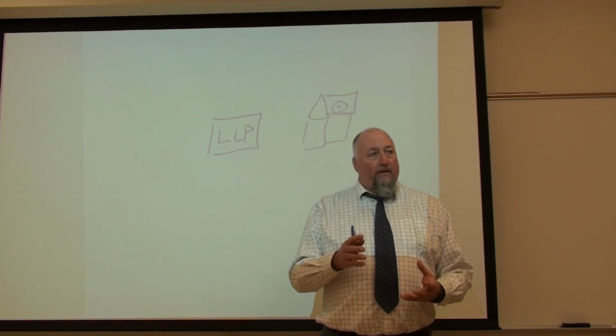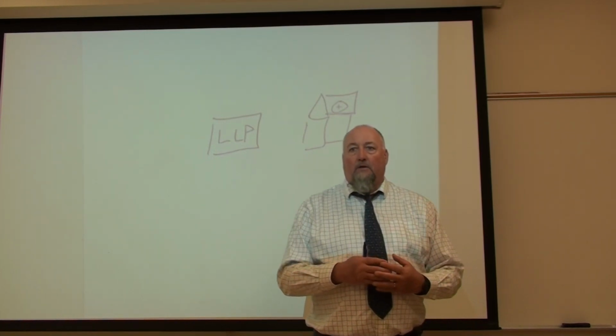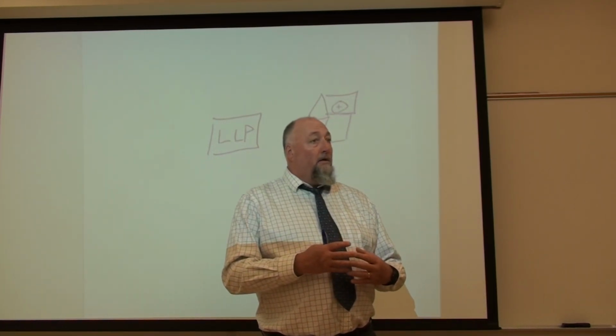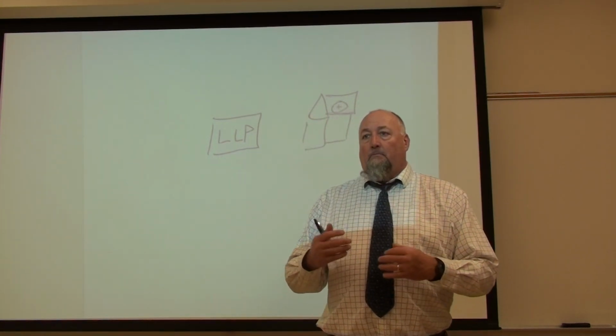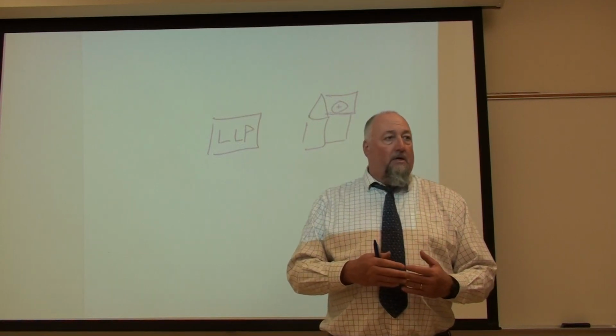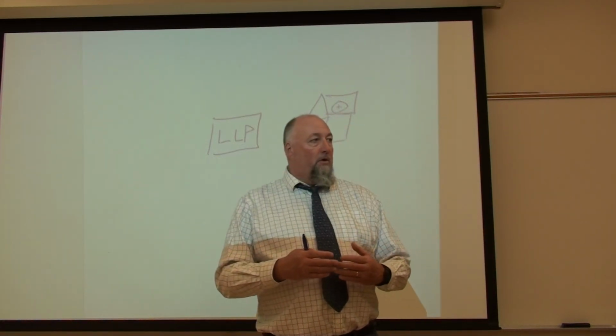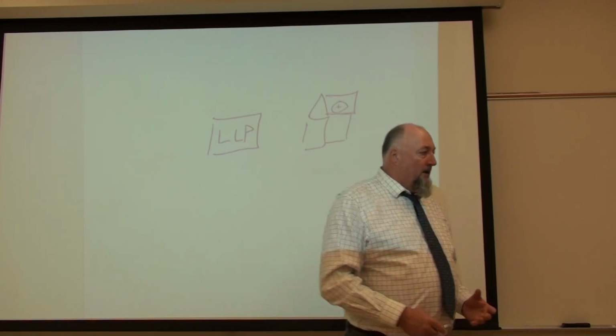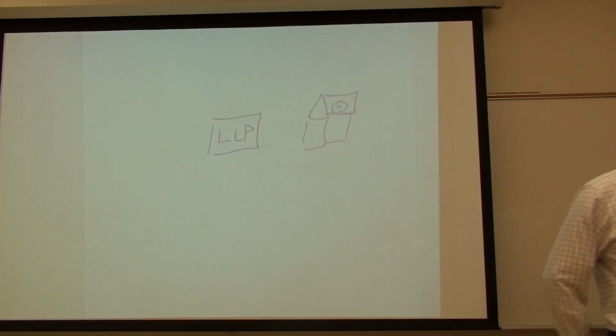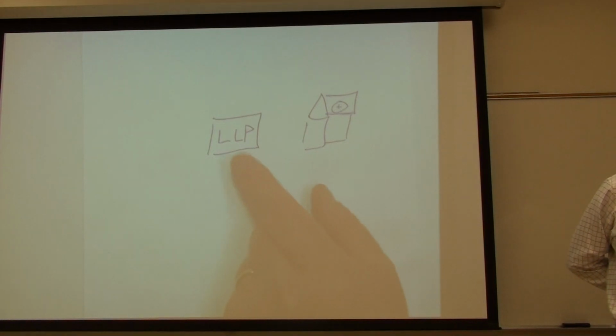If we ever sell the building and it appreciates in value, we want to be able to share in those profits from the real estate increase in value, but we don't want to risk the liability for each other's individual medical malpractice. Now, that's the idea behind an LLP. They're primarily used in service industries.